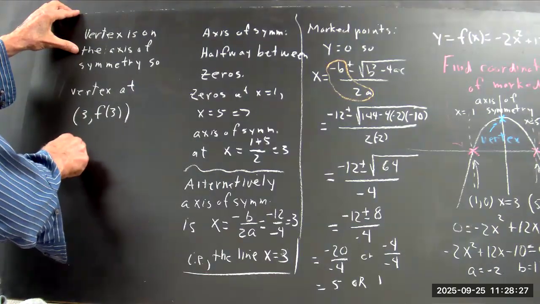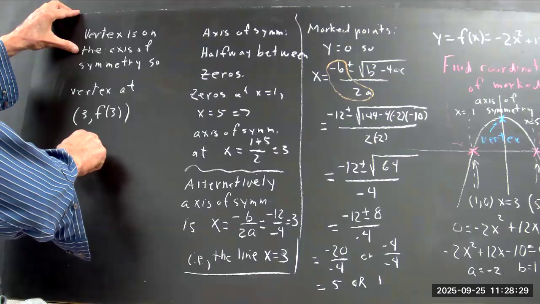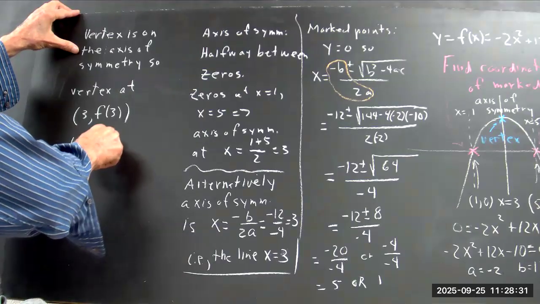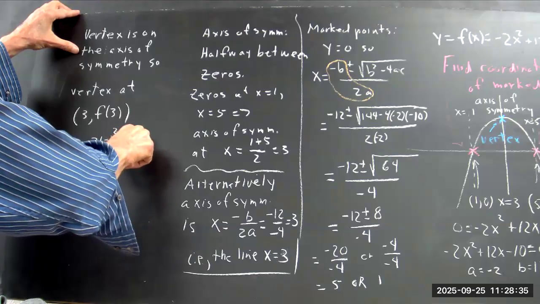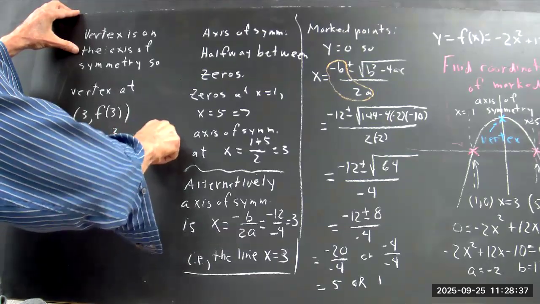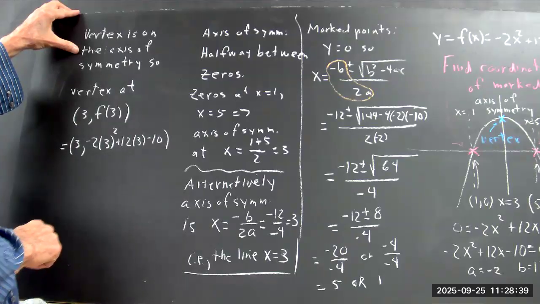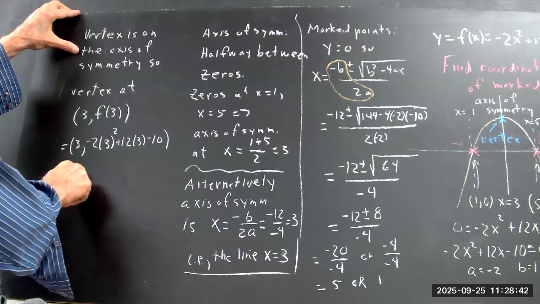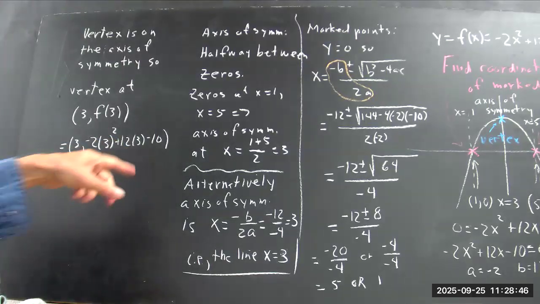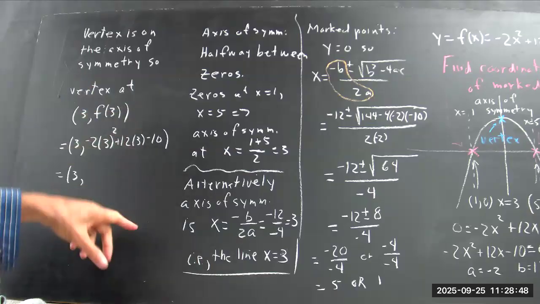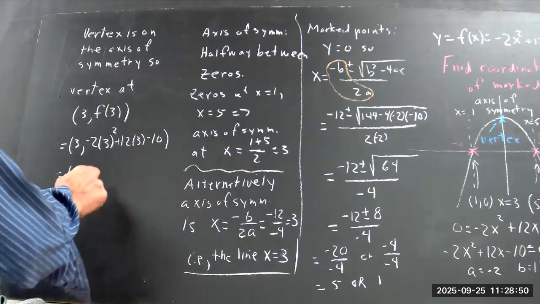That is then negative 2 times 3 squared plus 12 times 3 minus 10, and you can do the arithmetic. That's going to be negative 18, that's going to be a negative 10, which gives you negative 28, and that's going to be a plus 36.